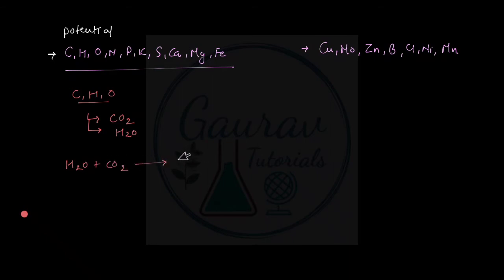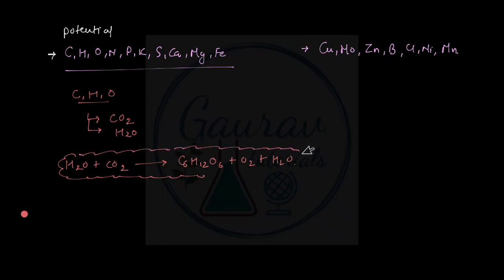I do not know what that process is. If you can help me out by writing the answer in the comment box, I would really appreciate it. What reaction is this? What process is this?